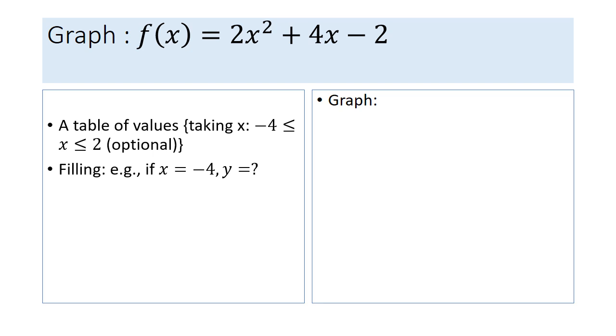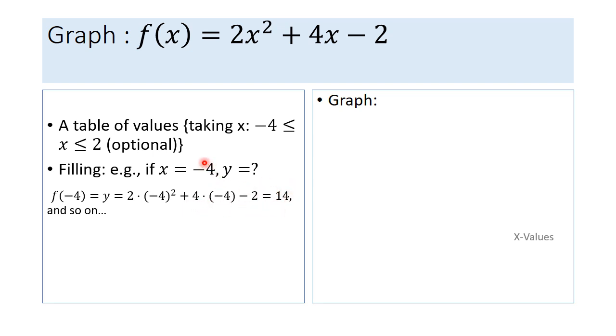I'll tell you later why this is the best choice. So next we are going to fill our table of values. Yes, we have taken x is equal to -4. What is the value of y? If you substitute into our function equation, you are going to get 14.